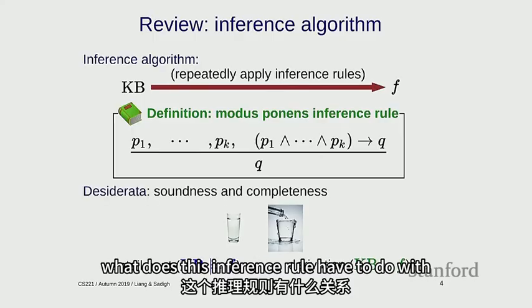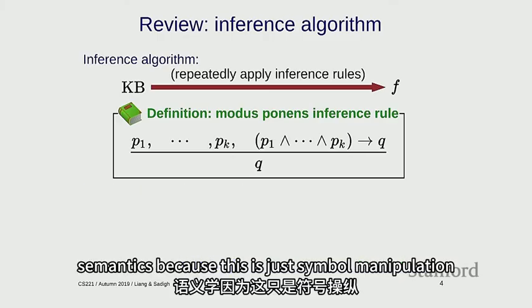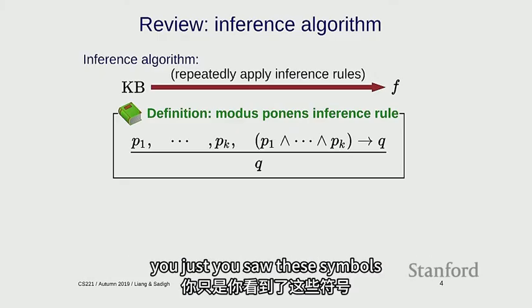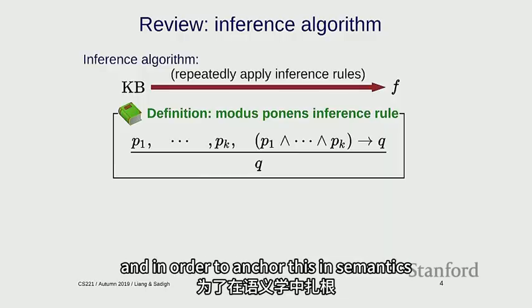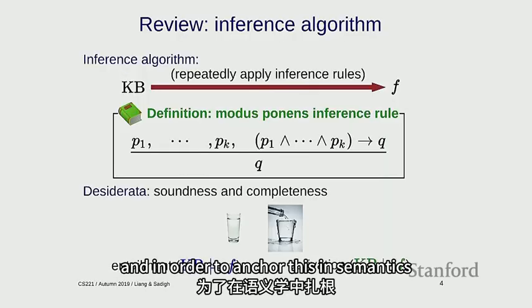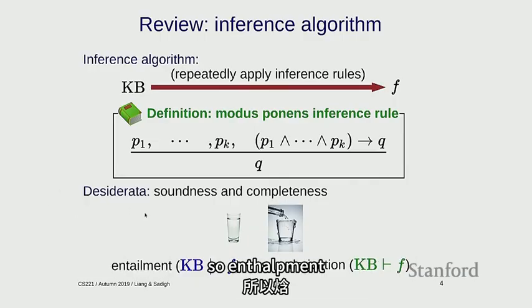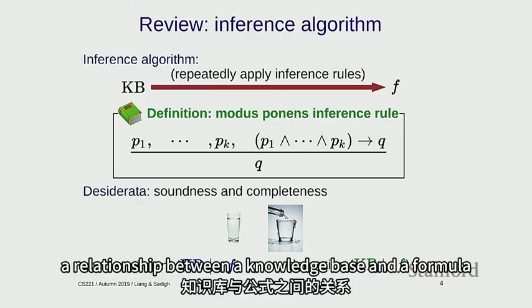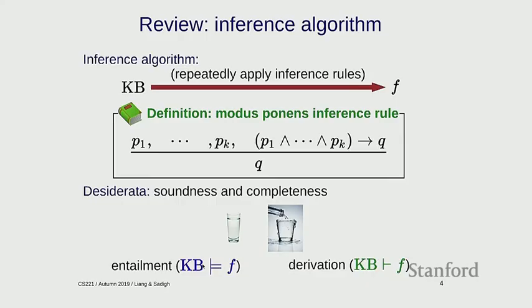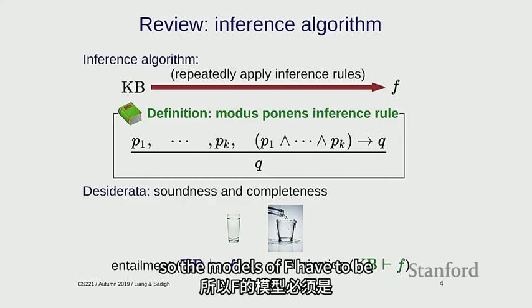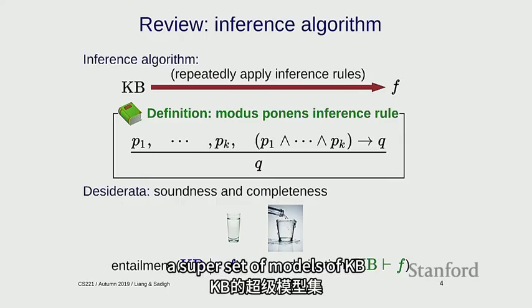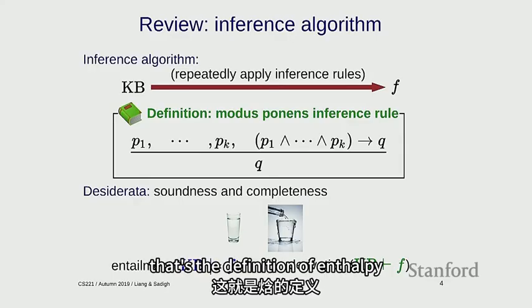So now the question is, what does this inference rule have to do with semantics? Because this is just symbol manipulation. You saw these symbols, you produce some other symbols. And in order to anchor this in semantics, we talked about soundness and completeness. So entailment is a relationship between a knowledge base and a formula which is given by the models, right? So the models of F have to be a superset of models of KB. That's the definition of entailment.